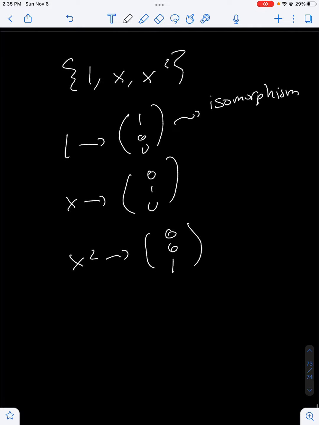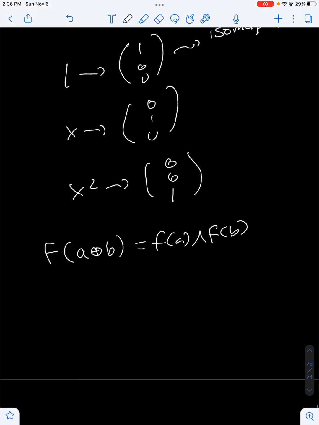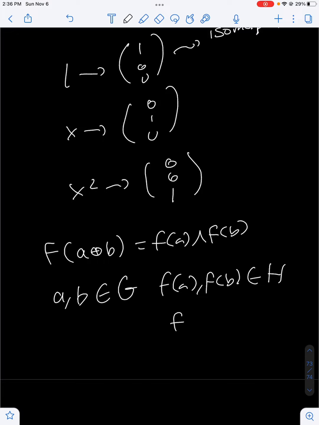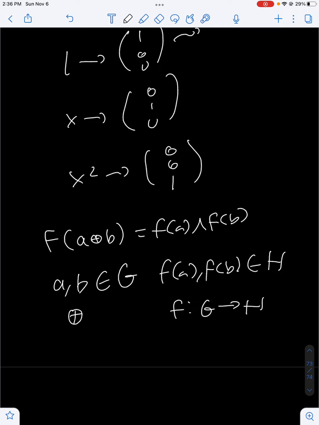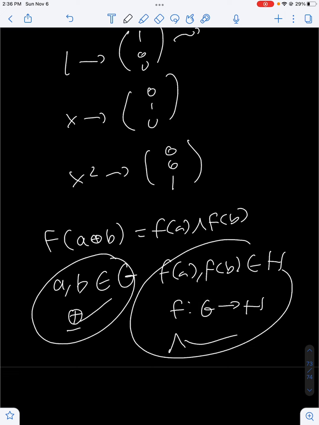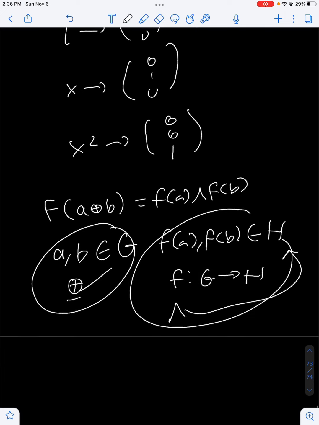And we know from group theory that an isomorphism is a bijective function f, where f of (A operated with B) gives us f(A) operated with f(B), where A and B are members of some group G, and f(A) and f(B) are members of group H, where f is mapping elements of G to H, and the first operation is a group operation for G, and the second is a group operation for H. So that's an isomorphism.